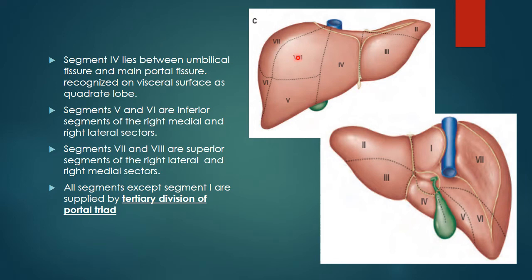And these segments are divided or separated on the basis of the tertiary division of the portal triad, except the caudate lobe, which has independent blood supply and biliary drainage.